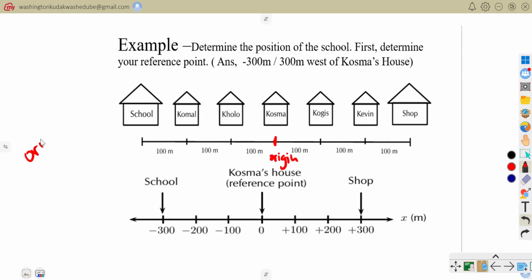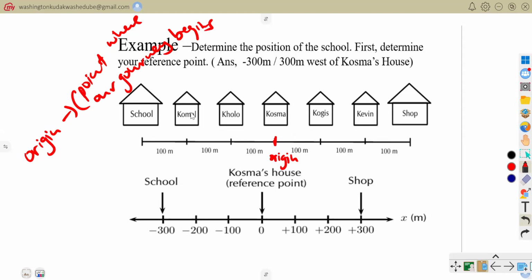Origin simply means the point where we are beginning our journey. The point where our journey begins. So that's what an origin means.